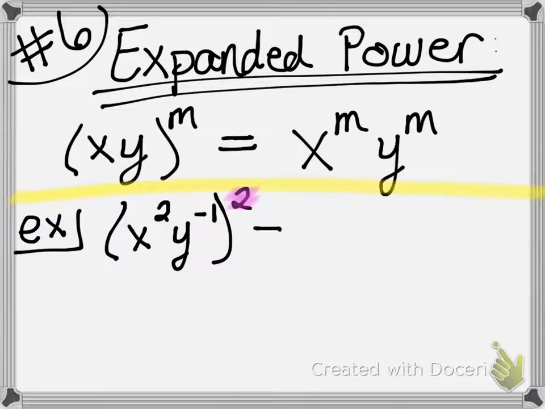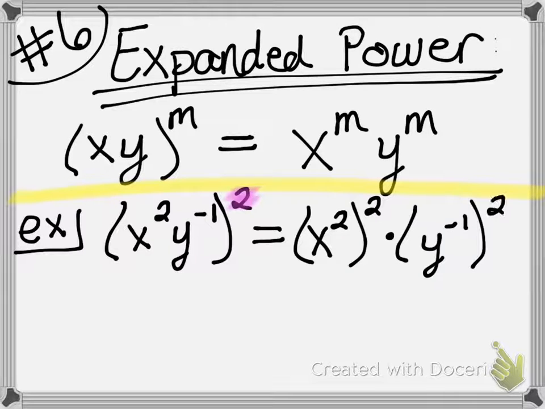So what this means is the x squared will get that exponent and the y will get that exponent. Now, this is when we're really starting to use multiple rules in one problem. So that was the expanded power rule.